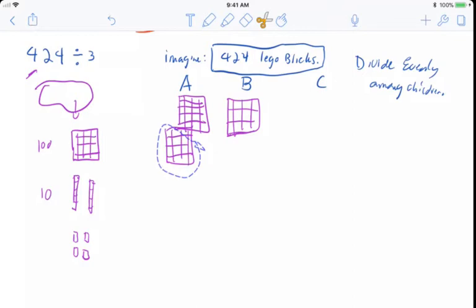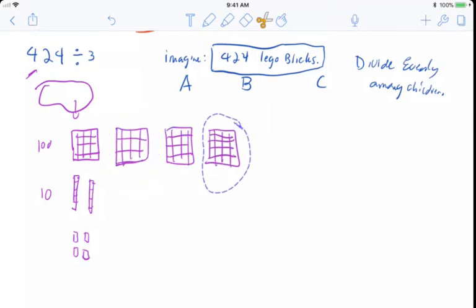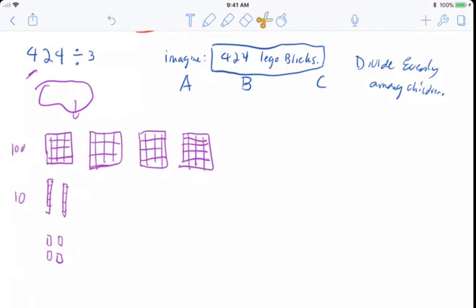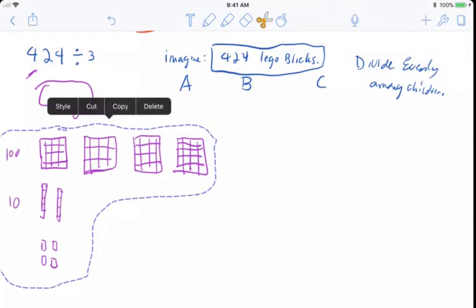We'll just divvy them out the same way we did before, but now instead of having to do it 424 times, I only do it a few. Does that make sense to you? So that's a procedure that takes less time. It's less time intensive, and it makes sense to do it this quickly.